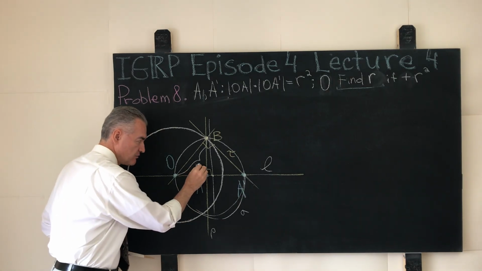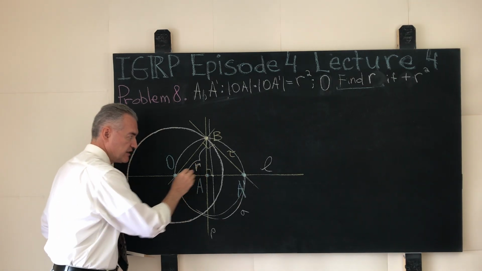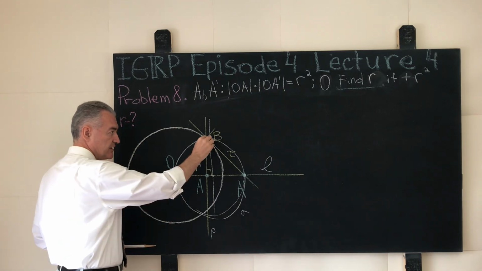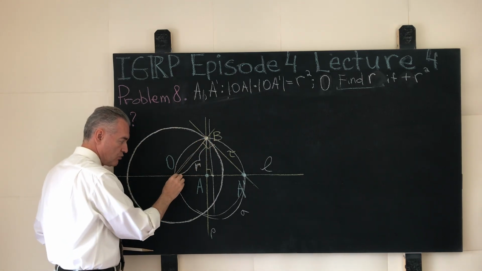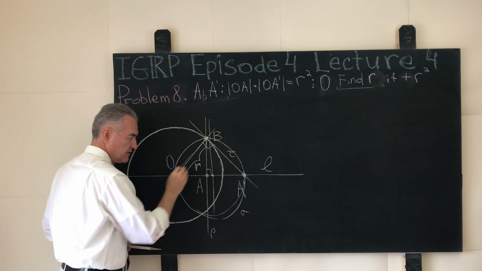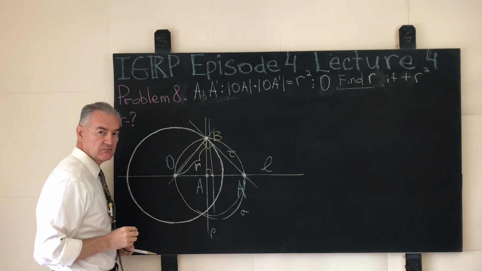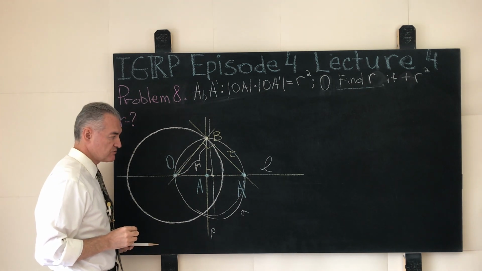The length of the radius of inversion and the length of the line segment BO or OB will be precisely that quantity. That will be the length of the radius of inversion.